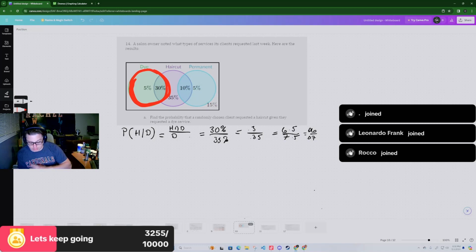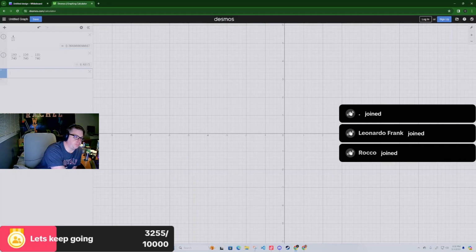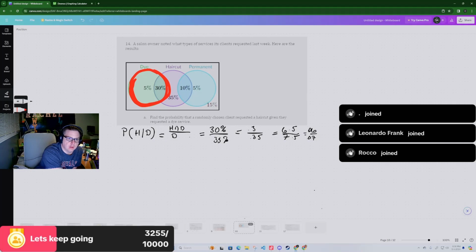All of those play the same game and will give you the same output at the end of the day. So I'm just going to try 30 over 35. It's going to simplify to 6 over 7, which is 0.857. So then I will put that down.